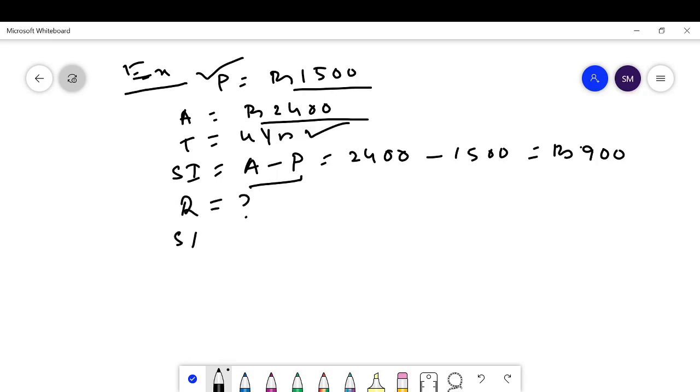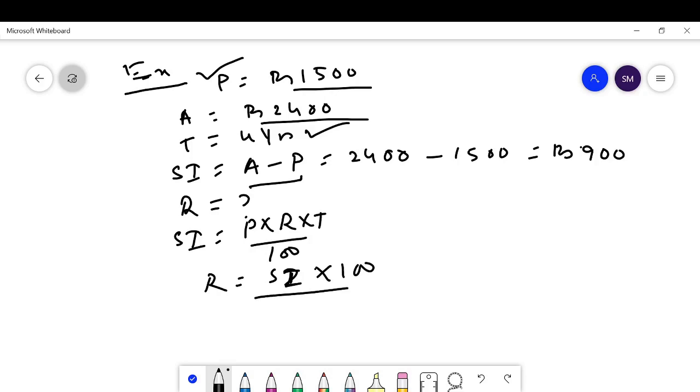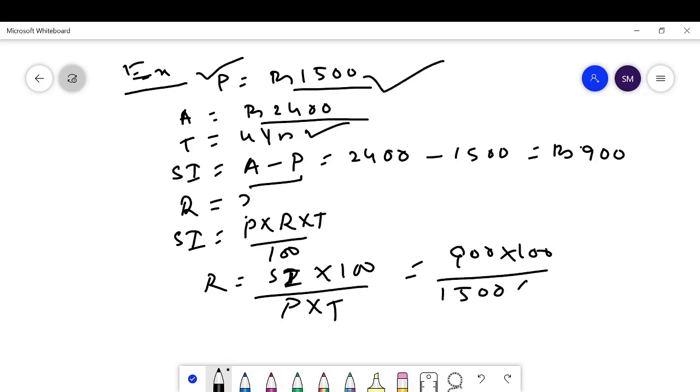Then you know SI is equal to P into R into T upon 100. Then R is equal to SI into 100 upon P into T. Here SI is equal to 900 into 100 upon 1500, because the principal is 1500, into the time period 4 years. 0, 0 cancel.